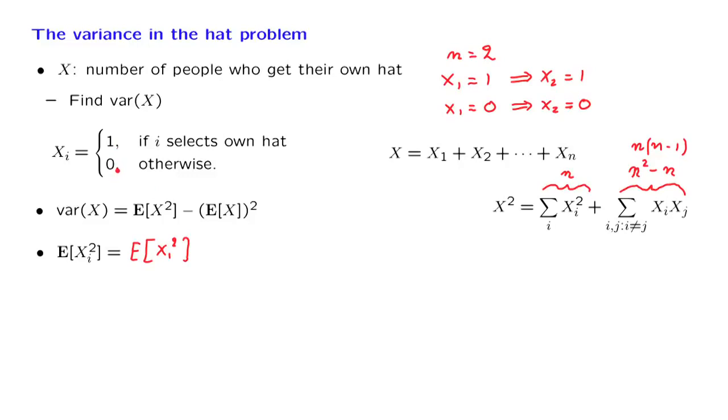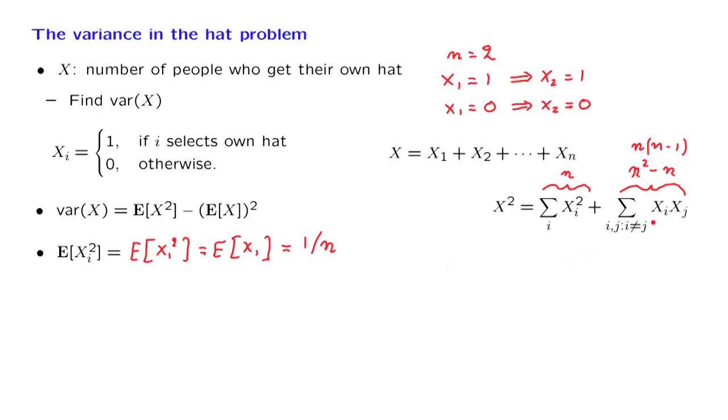So X1 squared will always take the same numerical value as the random variable X1. This is a very special case which happens only because the random variable takes values in 0, 1, and 0 squared is the same as 0, 1 squared is the same as 1. This expected value is something that we have already calculated, and it is 1 over n.